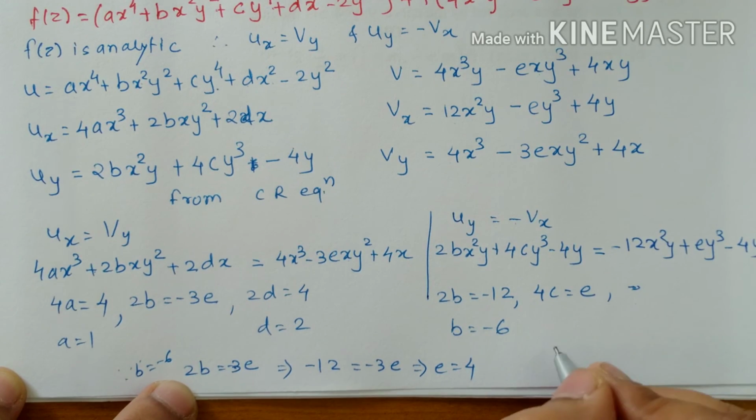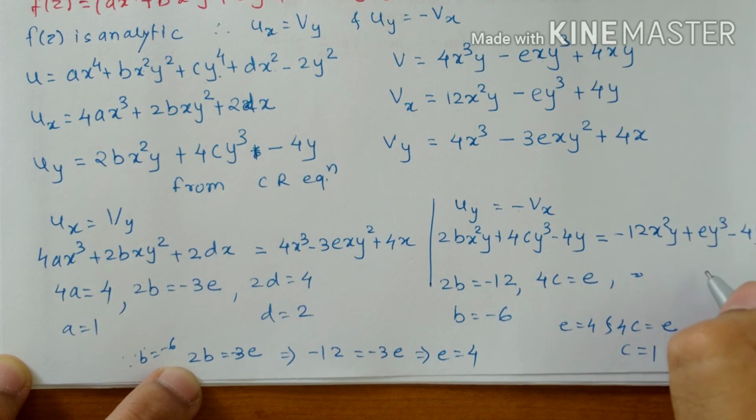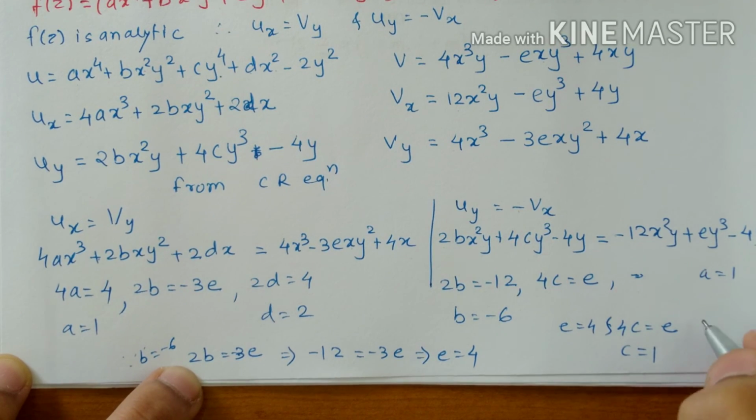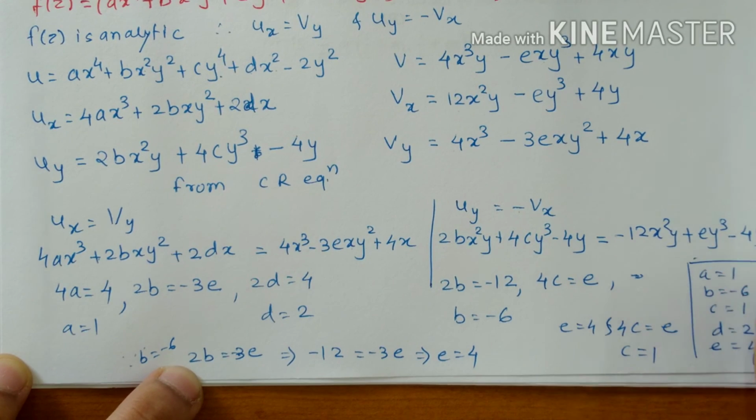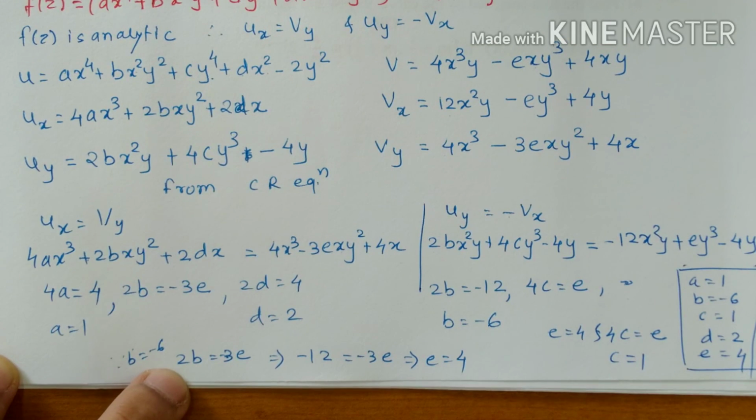Now as e equals 4 and 4c is equal to e, therefore we get c equals 1. So what are the values? a is 1, b is minus 6, c is 1, d is 2, and the value of e is 4. So for these values, your function f of z remains analytic.